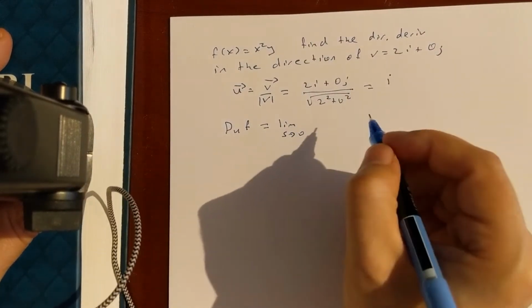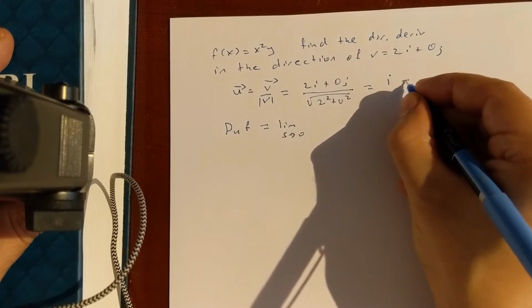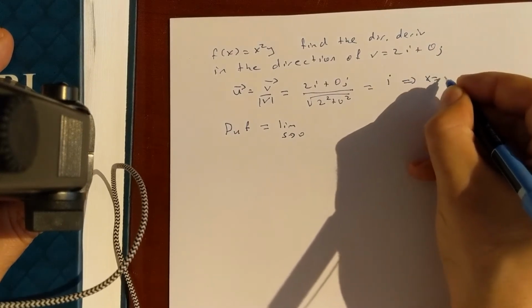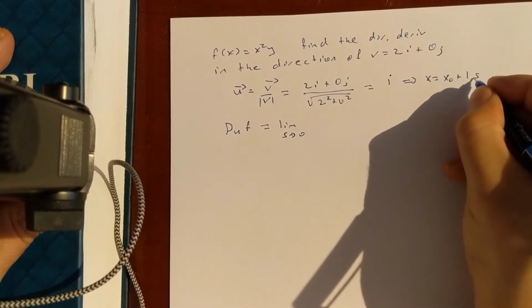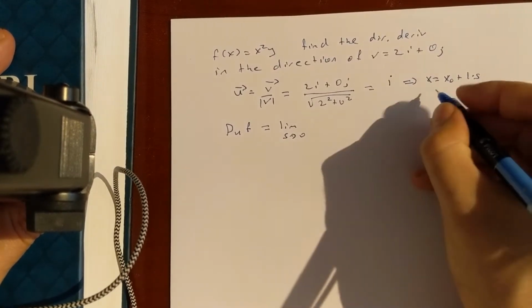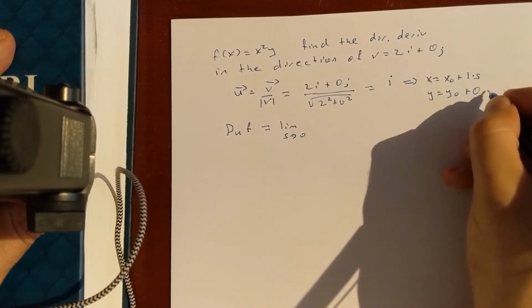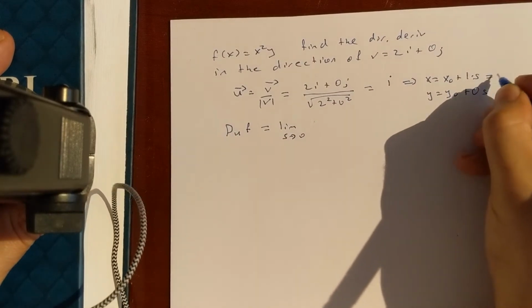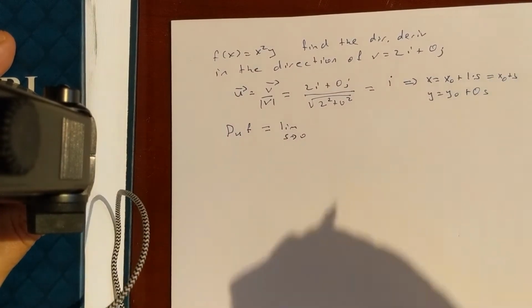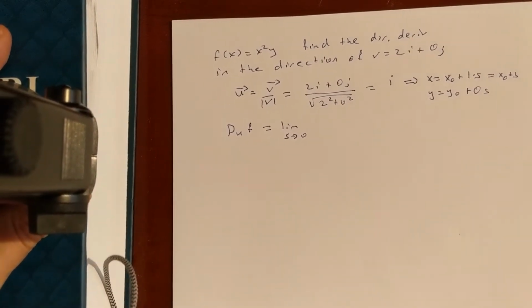Notice that if I parameterize the line, x is just going to be x naught plus 1 times s, and y is just equal to y naught plus 0s. There is no y component. So this is just x naught plus s. So wherever I see an x, I need to do x plus s.